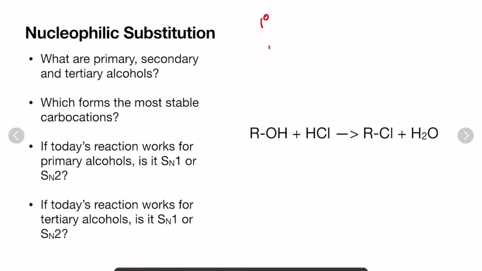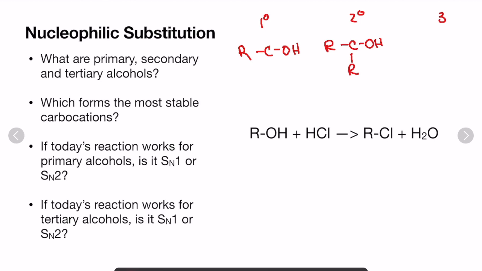Alcohol has an OH group, of course, and for a primary alcohol, the carbon that's attached to the OH group is attached to no more than 1 R group. For secondary alcohol, the carbon attached to the OH group is attached to 2 R groups.